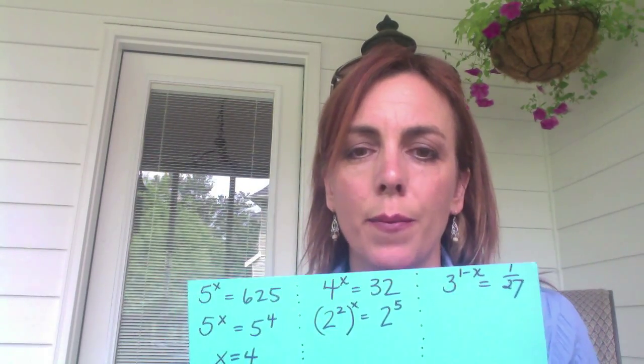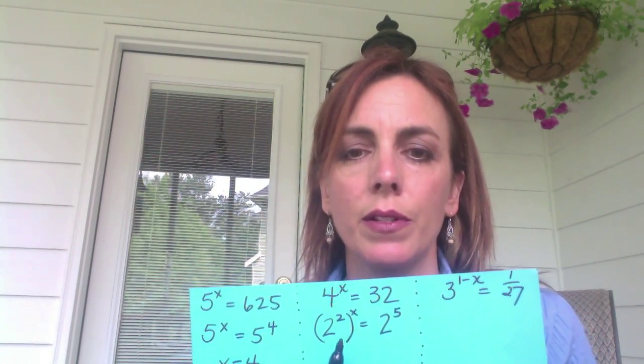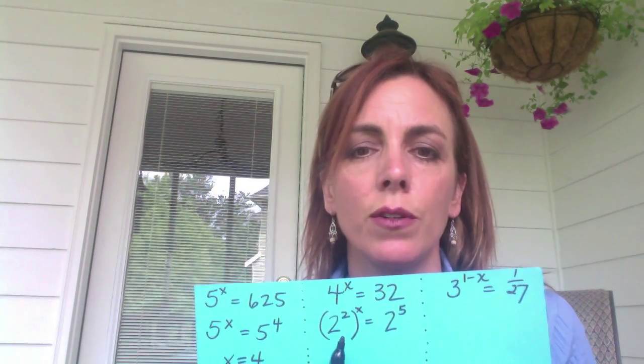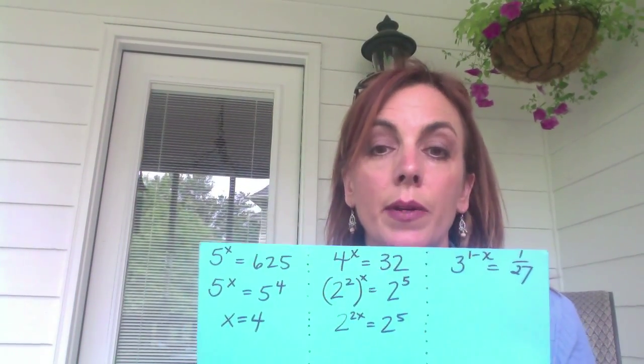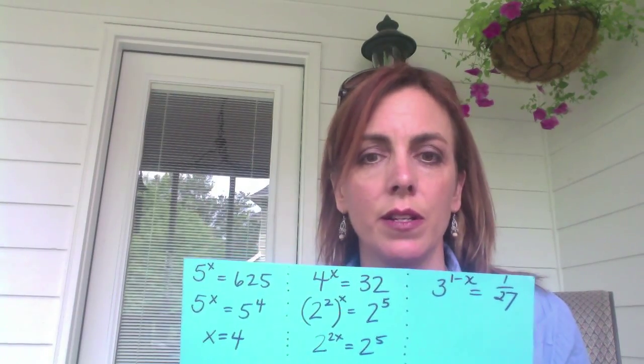Now, using that power to a power rule that we just talked about, this can be written as 2 to the 2x. Now I can drop those bases and just equate the exponents. So 2x equals 5 and x equals 5 halves.